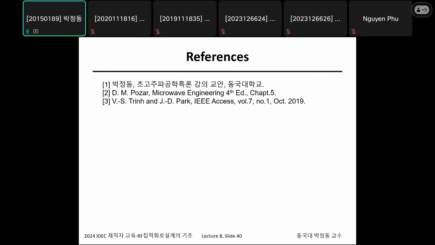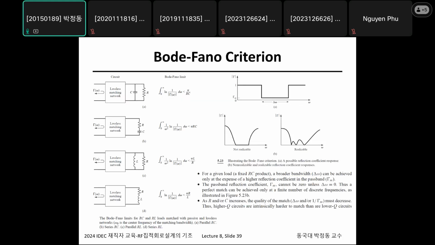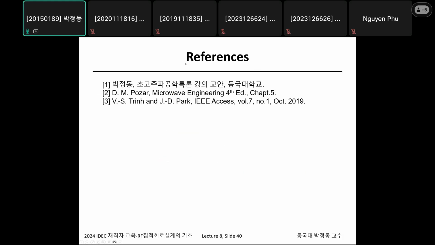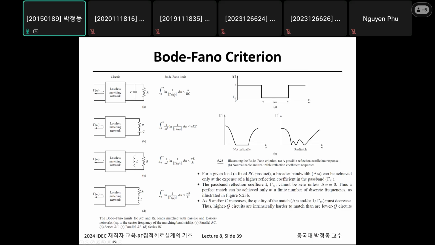Okay. So the Bode-Fano criterion is very simple, right? For a given matching condition, matching is always a trade-off between bandwidth and quality of matching. For example, if the bandwidth is wide, then the minimum level of matching is getting worse.